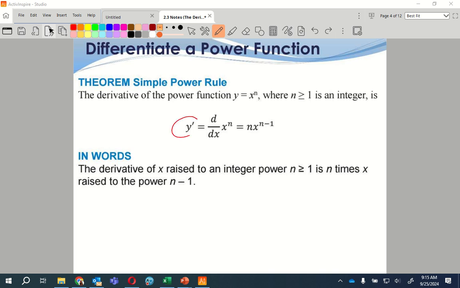Here's another notation, y prime, because we get a lot of problems that are y equals. y prime says that I'm taking the derivative of y, and it doesn't say in terms of what, but Leibniz says in terms of x.